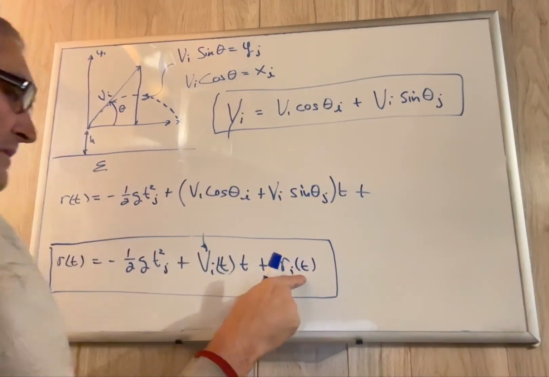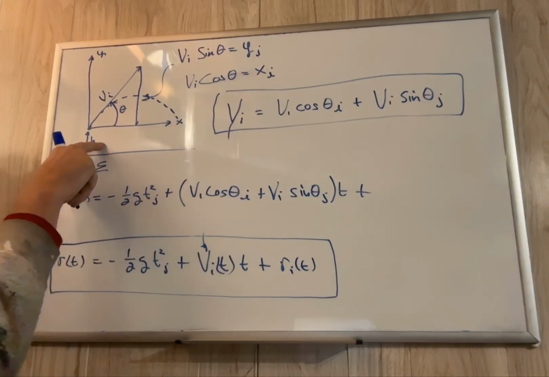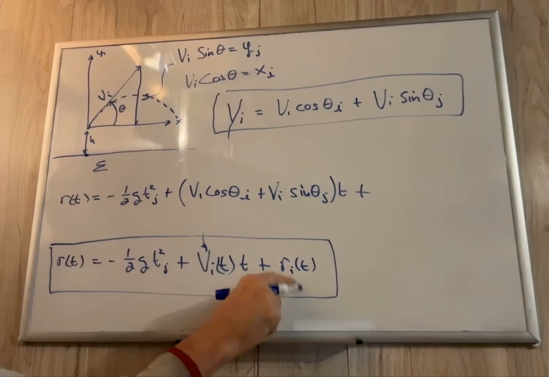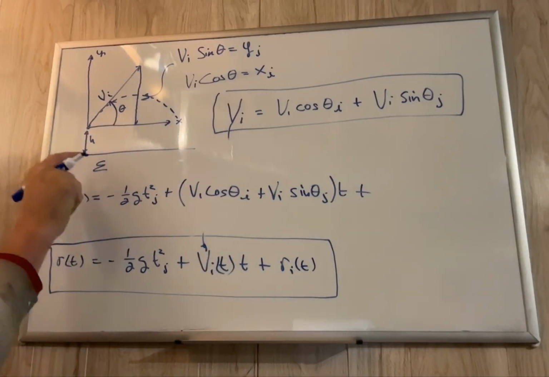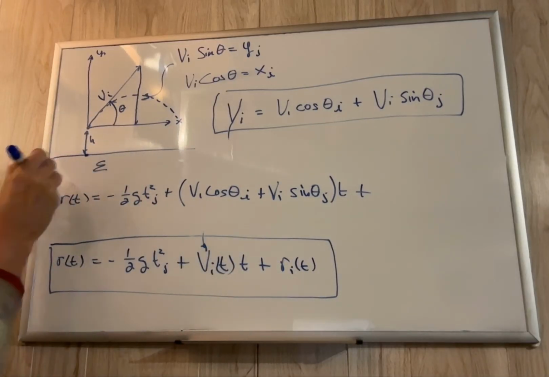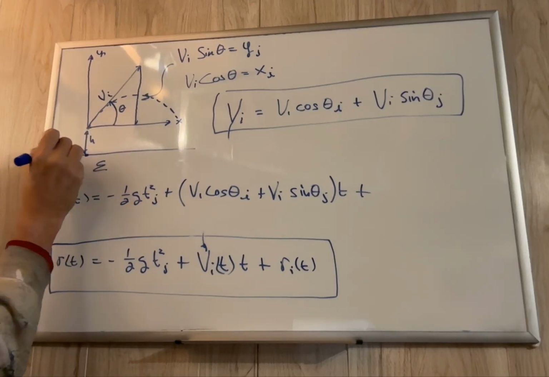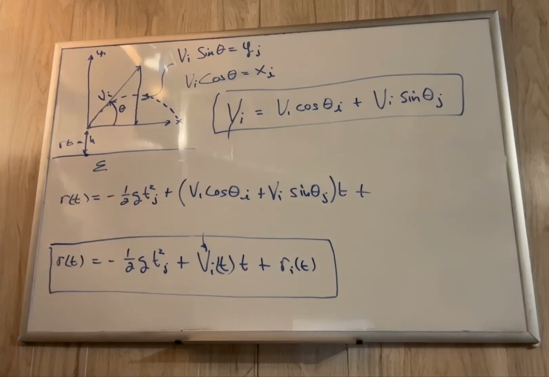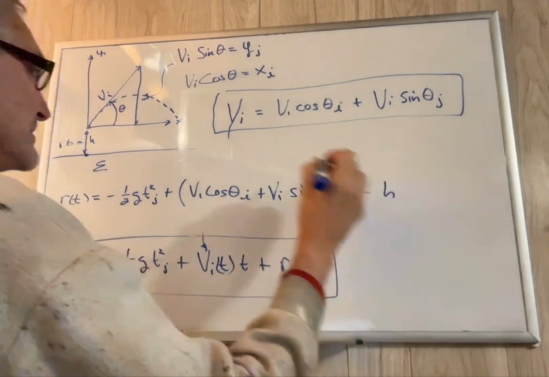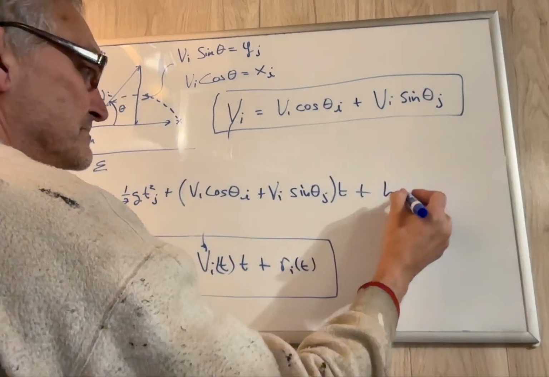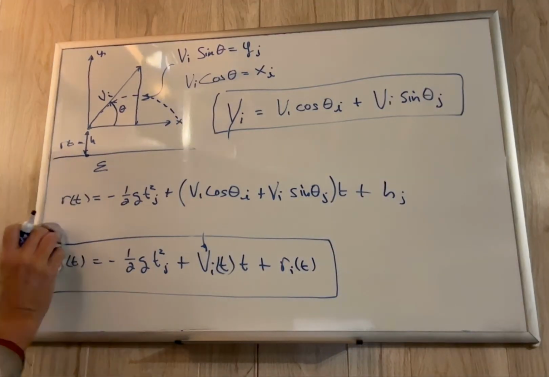Plus, well, what's our r of t? Well, that's how high it is. This is going to be the position vector, right? How high is the thing up in the air? We want to look at this as being the origin and this being how high it is in the air. So this would basically be r of t equal to h. So we can say plus h. And what direction is that? In the j direction.